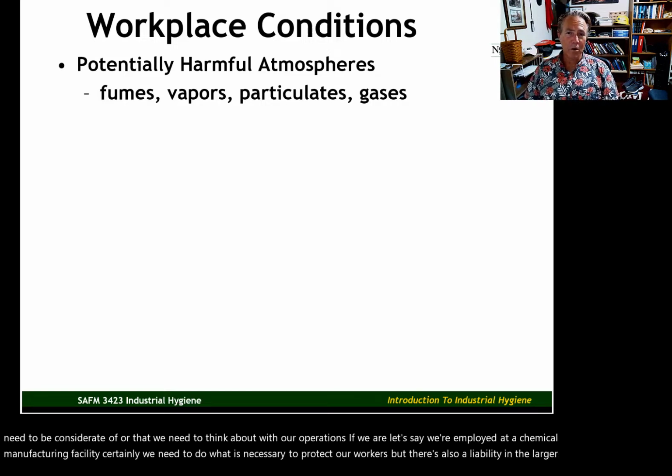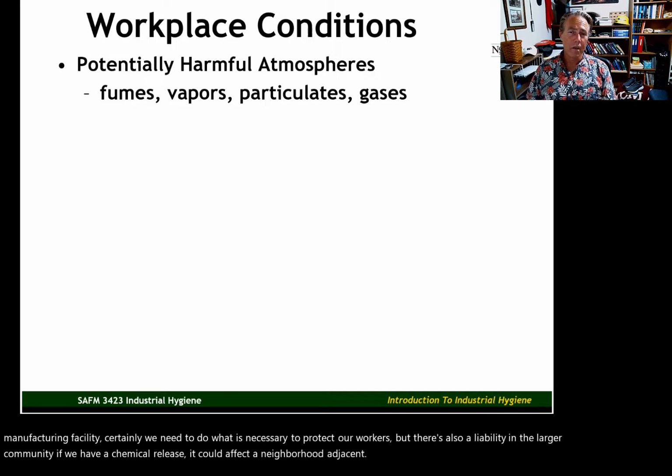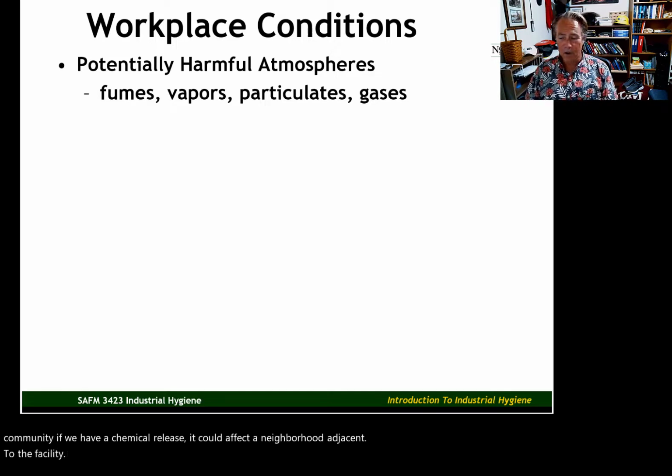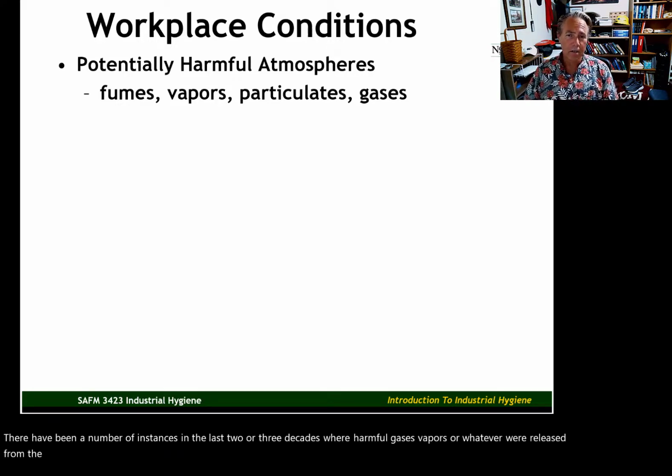If we have a chemical release, it could affect a neighborhood adjacent to the facility. There have been a number of instances in the last 2 or 3 decades where harmful gases, vapors, or whatever were released from a facility, and it affected people living in the area or working in the area at other factories.